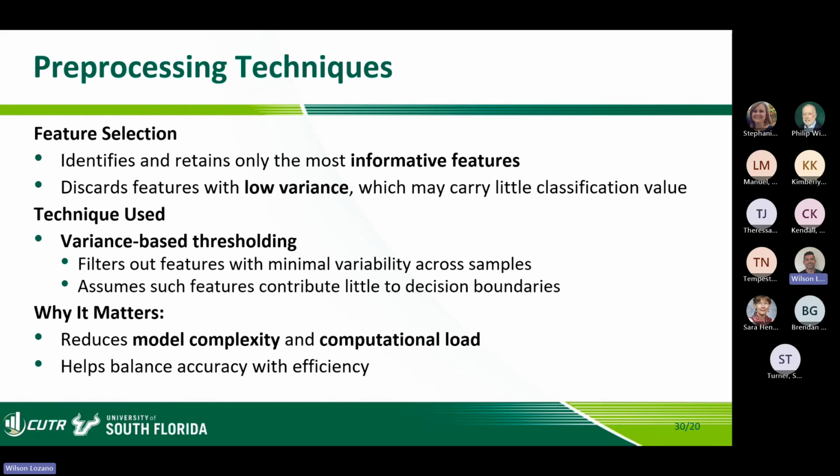This assumes that the ones we remove are not going to contribute to the classification process. Why does this matter? Because it reduces model complexity and computational load, helping balance accuracy and efficiency.